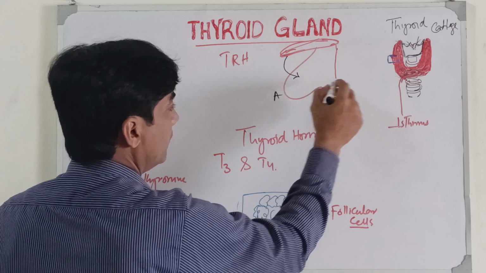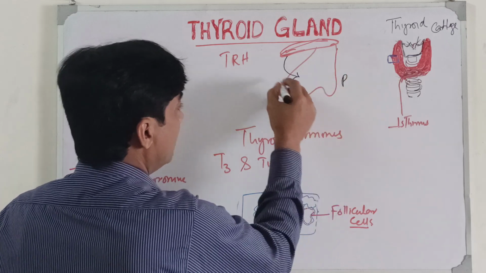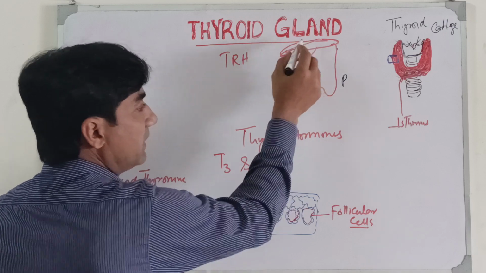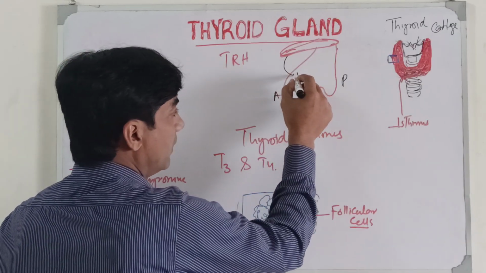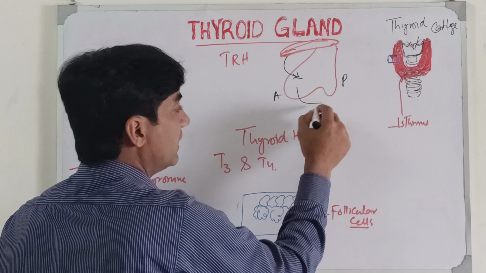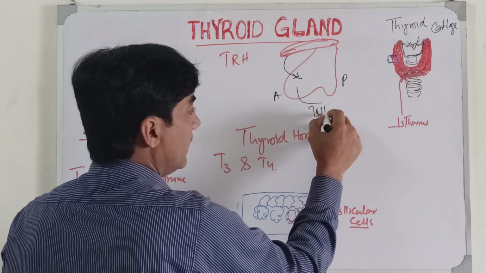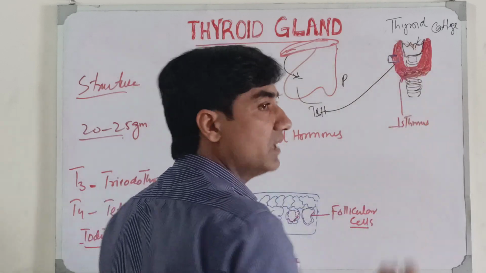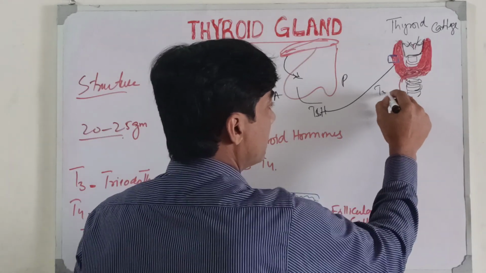This is the anterior pituitary. This is the posterior pituitary. TRH is released by the hypothalamus and acts on the anterior pituitary where it releases TSH. TSH stimulates the thyroid gland and releases T3 and T4.